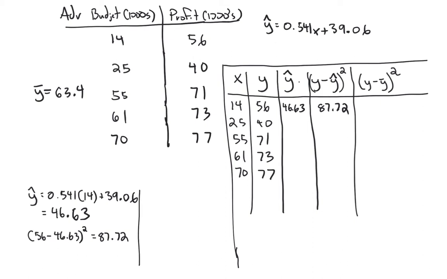So we just need to calculate the difference between our y and the mean y, and then square it. So it's going to be 56 minus 63.4 squared. And if we calculate that, we get 54.76.